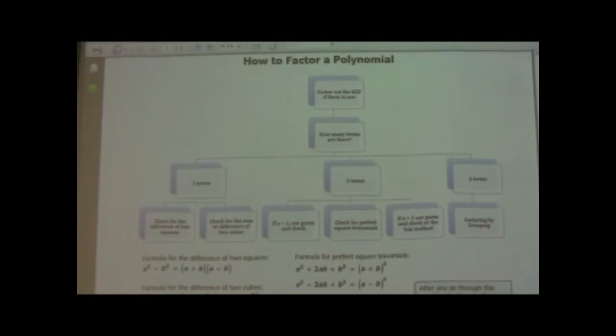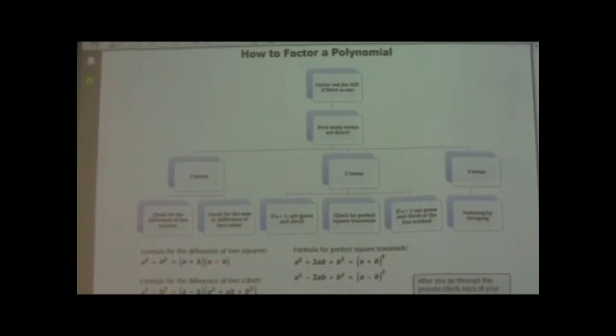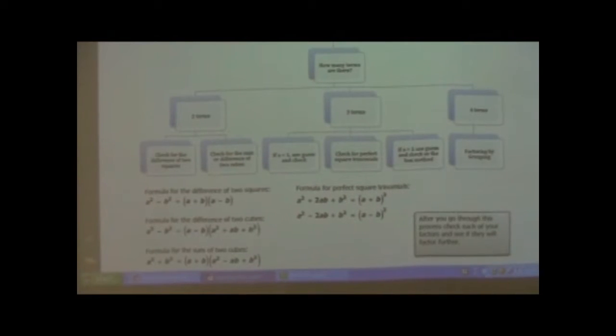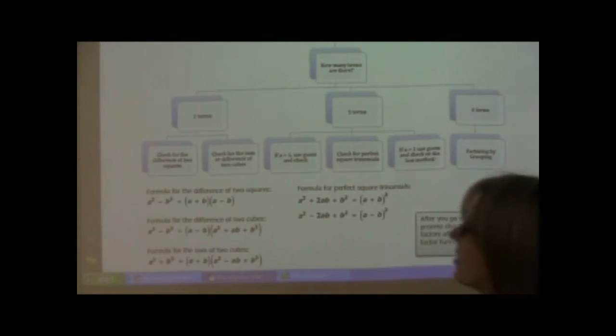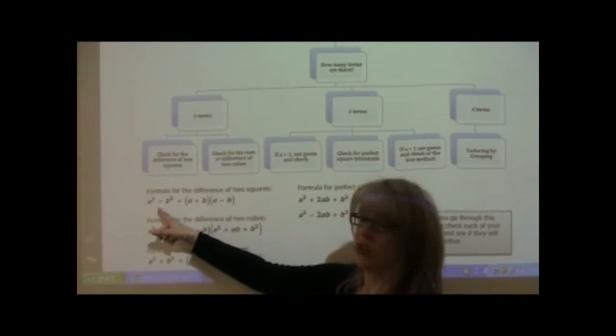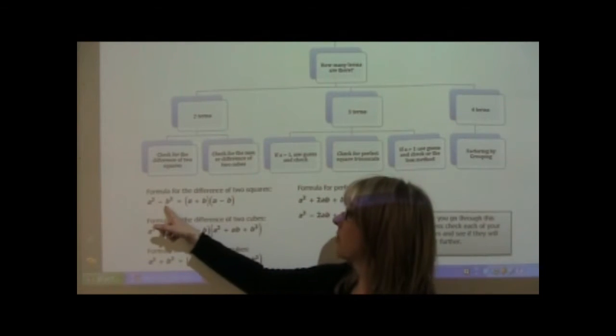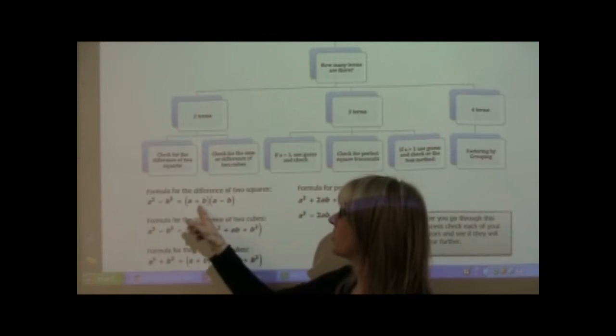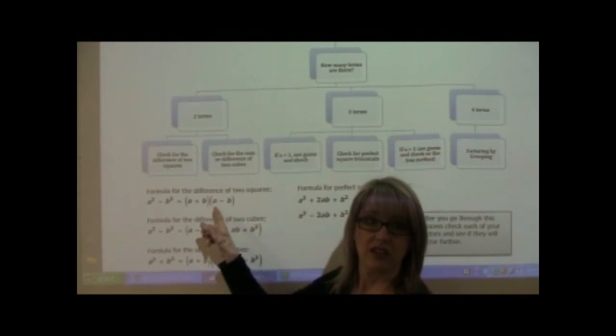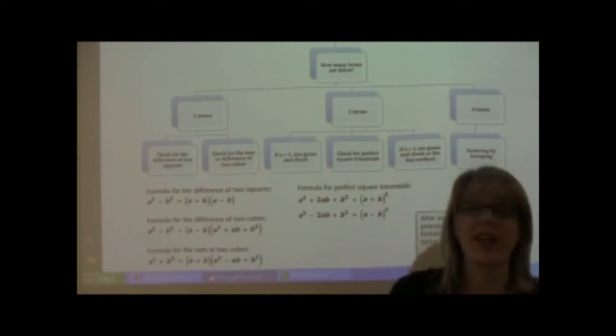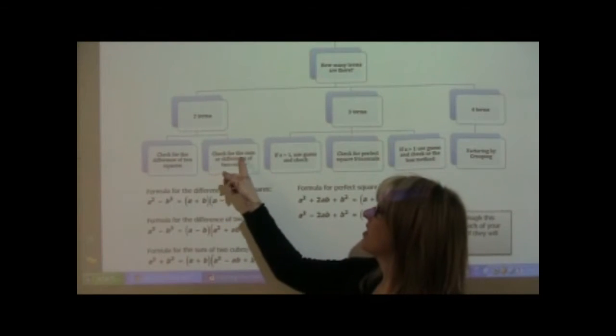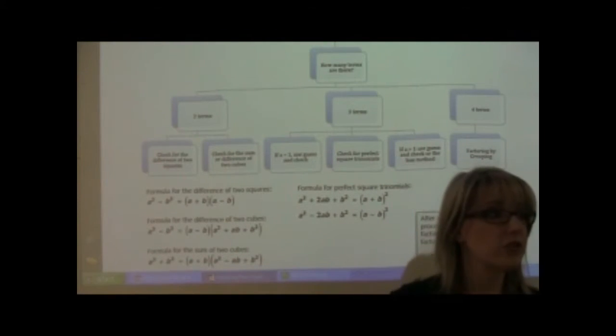And let's scan to the bottom of the screen here so that we can see the formulas. So the difference of 2 squares is a polynomial that looks like this: something squared minus something squared. And it would factor like this. That may not apply, so check for the sum or difference of 2 cubes.